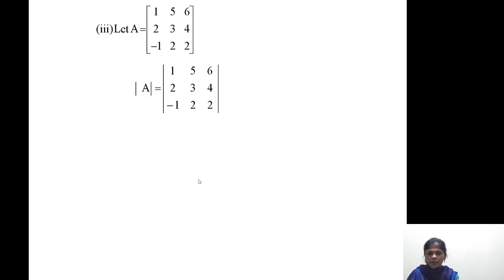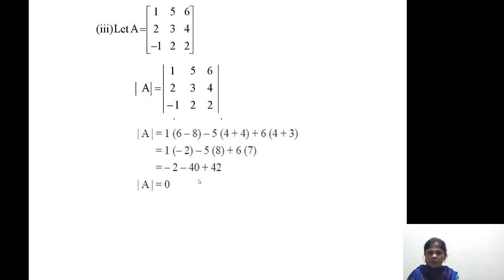Now let us take another example. Let A be the matrix. As this is a square matrix, the highest order of the minor must be the same as that of the given square matrix, that is, in this case 3. So let us find the minor of order 3, which will be the same as the determinant of this matrix. We find that the determinant is equal to 0.